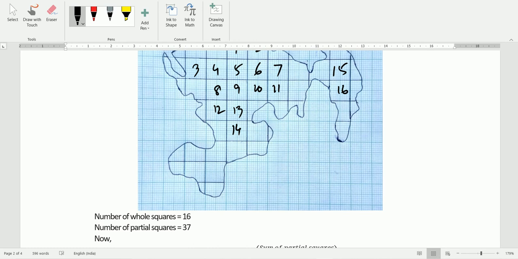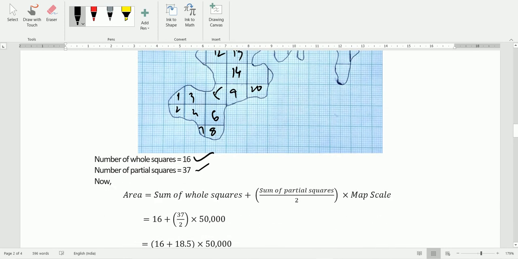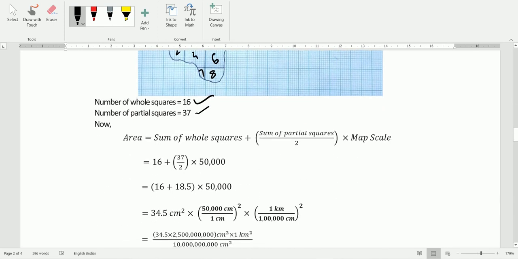The number of whole squares we have counted is 16, and the number of parcel squares is 37, counting 1, 2, 3, and so on. So we have to use this equation.